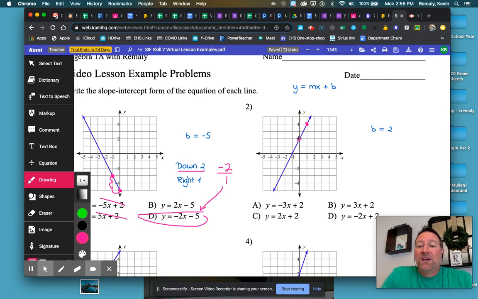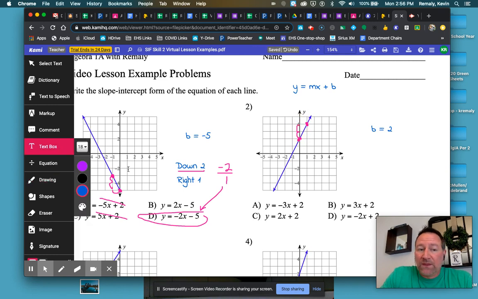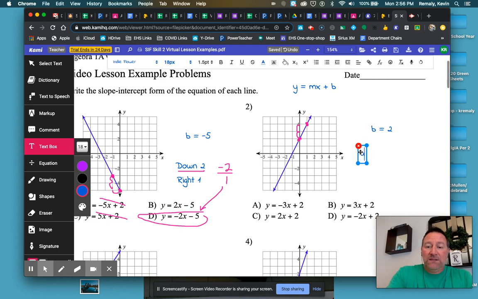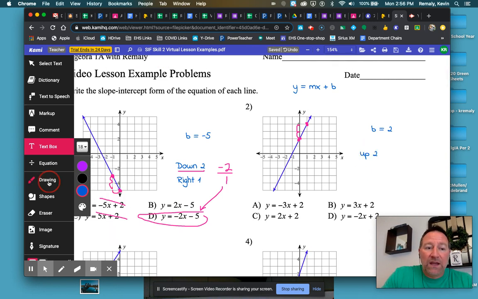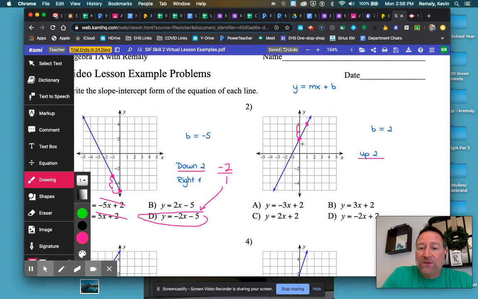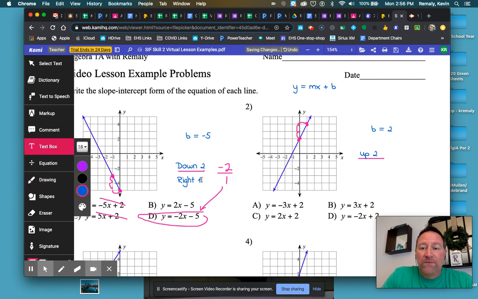Now, going back to our slope, rise over run, to go from one point to the next, I'm going to start at this bottom point. I'm going to go up 2. I can denote that as up 2. And then I have our run value, which is going to end up being going right 1.